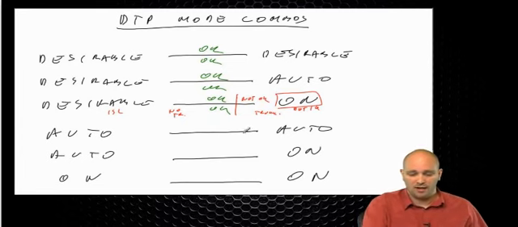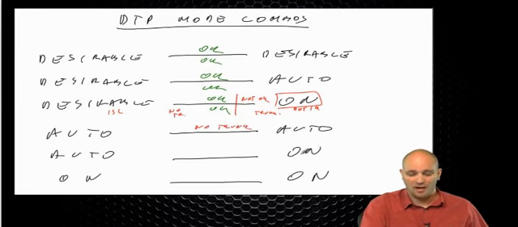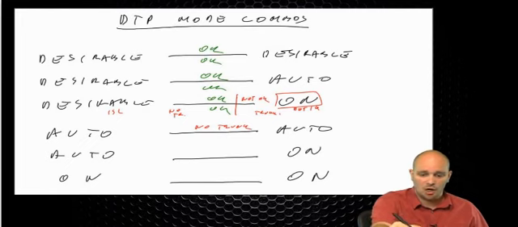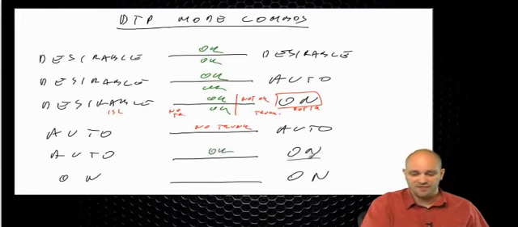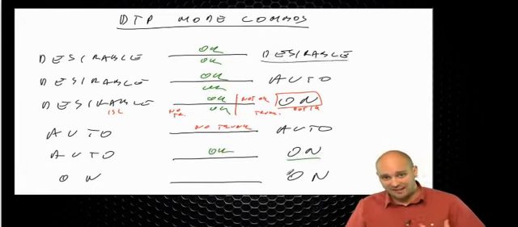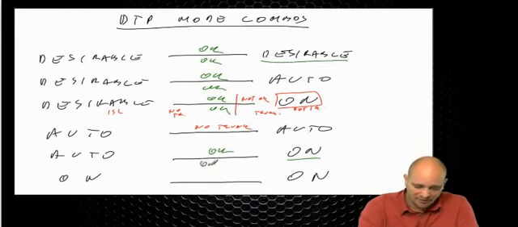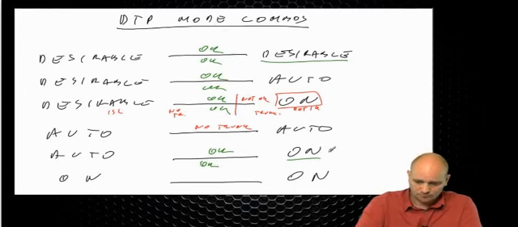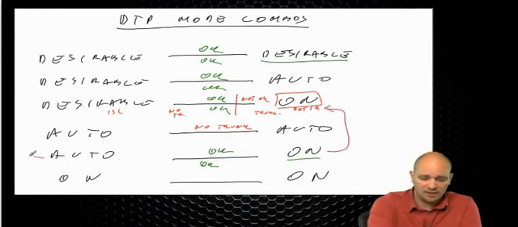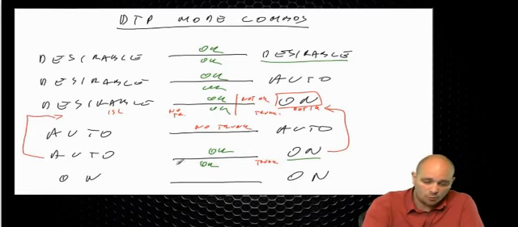Now, if I have auto and auto, there will be no trunk. If I have auto and on, in this case, we are going to be OK because on here is very similar to desirable mode. It will actually send the frames that are actively negotiating the trunk. So auto side will actually form a trunk, and we will have operational trunk again, unless we have a situation that is similar to this one here, in which case this side will be a trunk and this side here will not be a trunk.